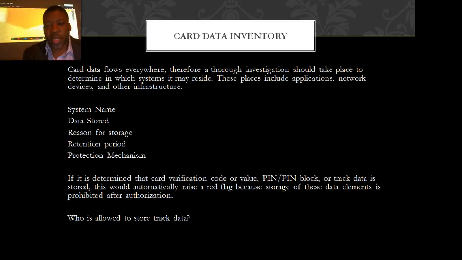Protection mechanism. How are you protecting the data that's being stored on that system? If it is determined that card verification code, that's the CVV, PIN or track data is stored, this would automatically raise a red flag because storage of these data elements is prohibited. Like I just said, you're not supposed to store anything. You're not supposed to store any of those things unless, okay, so the question is, who is allowed to store track data?